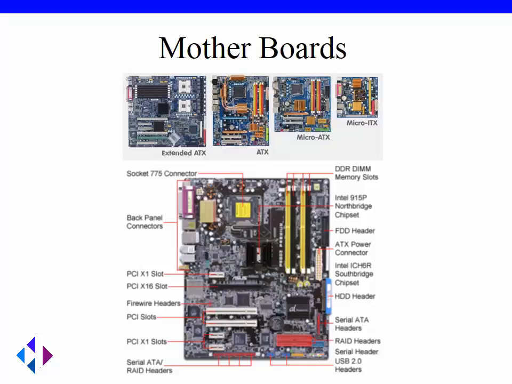They'll mainly have most of the same types of connectors and ports on them, such as the serial ATA for a RAID header. That's for a bunch of computer hard drives connected together.